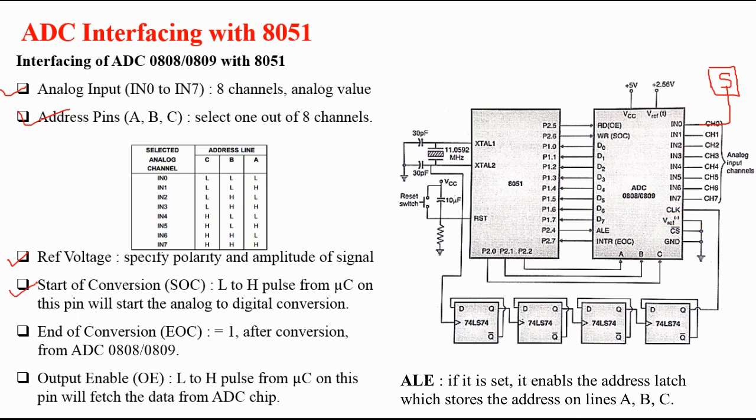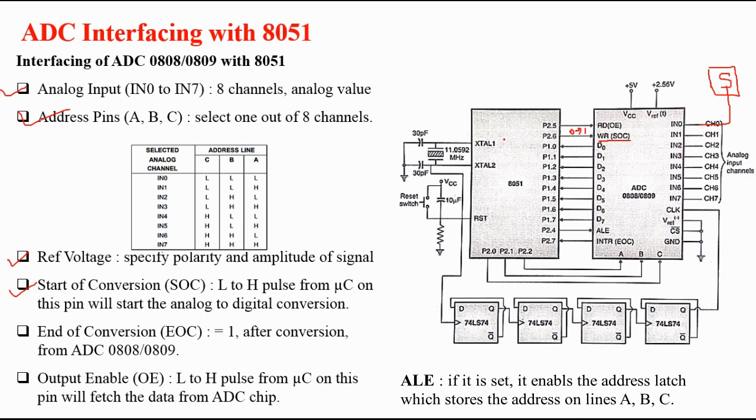Then next is start of conversion, that is SOC. A low to high pulse from the microcontroller on this pin will start the analog to digital conversion. So the microcontroller should make this pin go from 0 to 1.